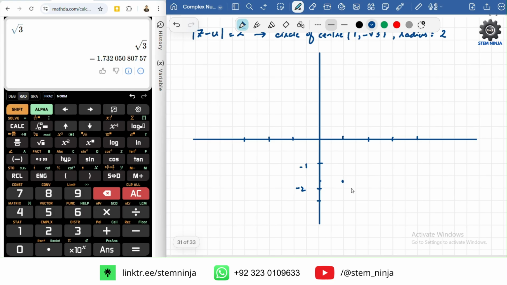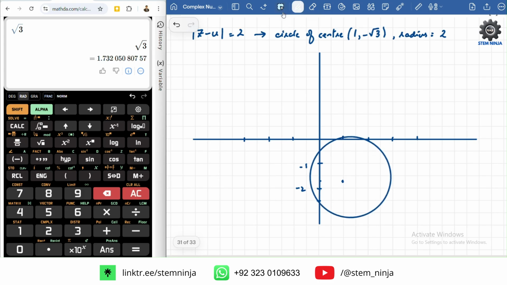Okay, the radius is 2. That means the minimum point goes over at this side and at 3 over here. This is supposed to be a circle. We'll adjust the axes in a second.